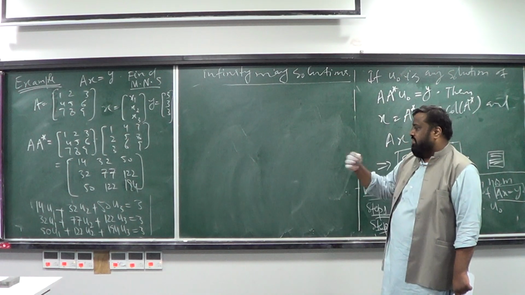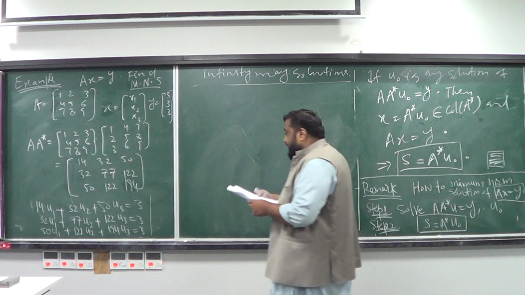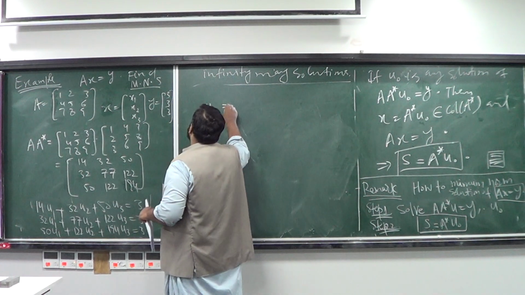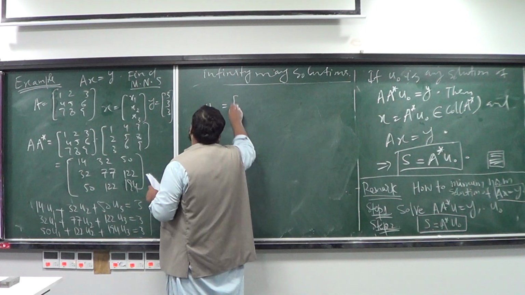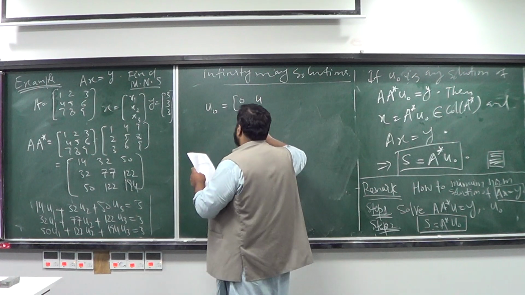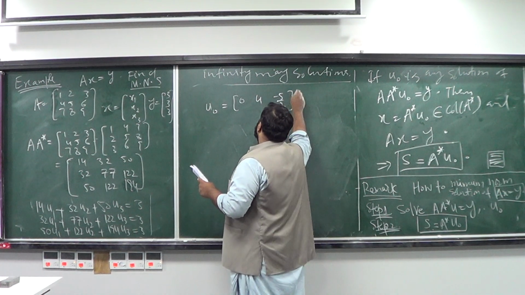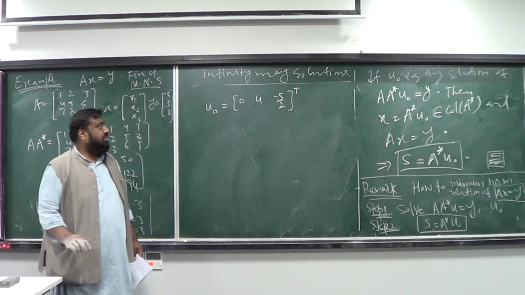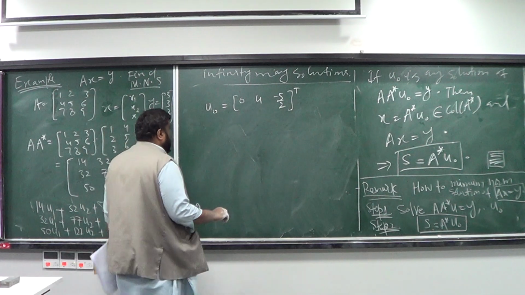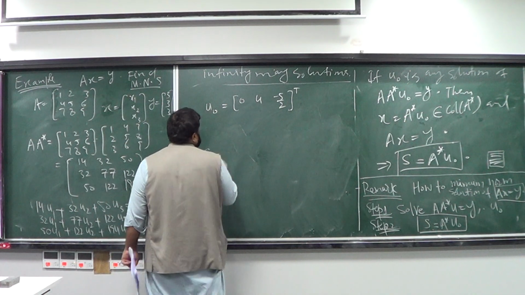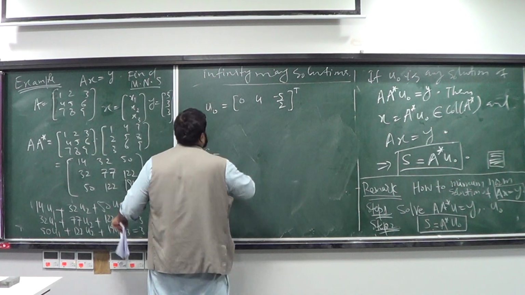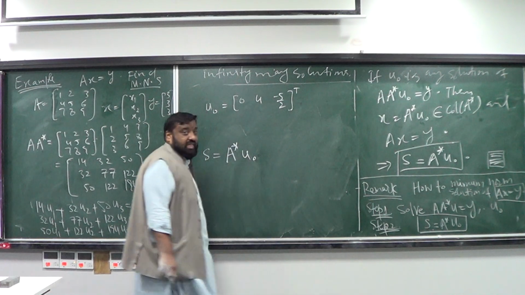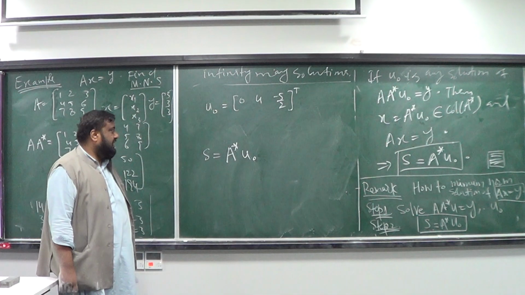So imagine you found one solution. Out of infinitely many solutions, one concrete solution is u0, and say u0 is 0, 4, negative 5 by 2. Now your minimum norm solution is to take any solution of this system and multiply it with A star: A star u0.